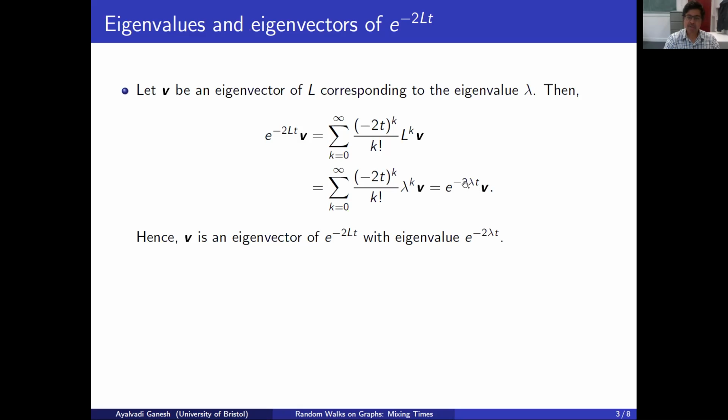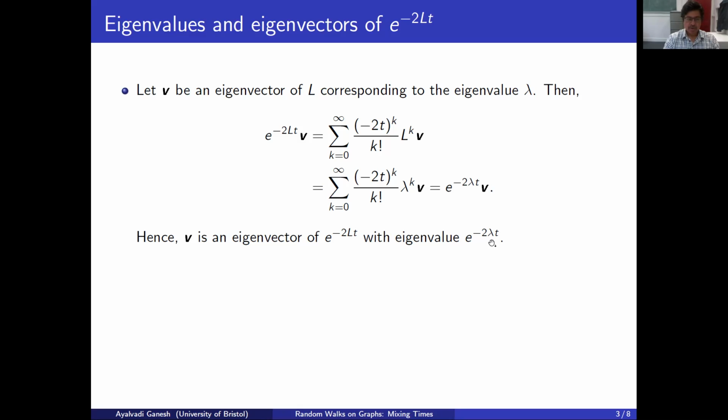This is a scalar exponential, while up here is a matrix exponential. So v is an eigenvector of the matrix e to the minus 2Lt with eigenvalue e to the minus 2 lambda t.